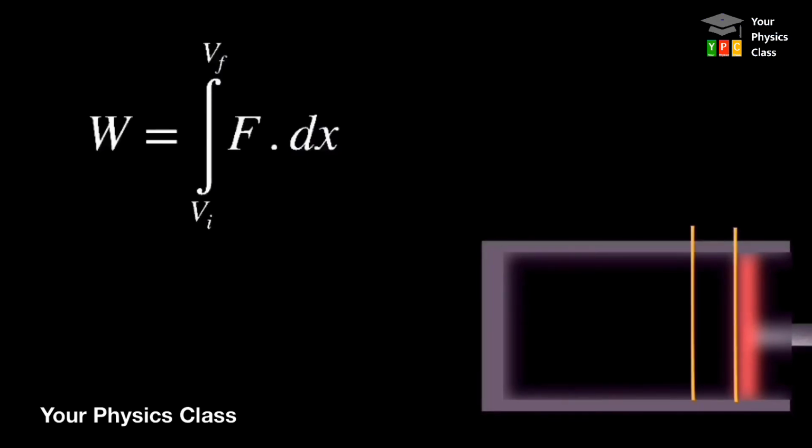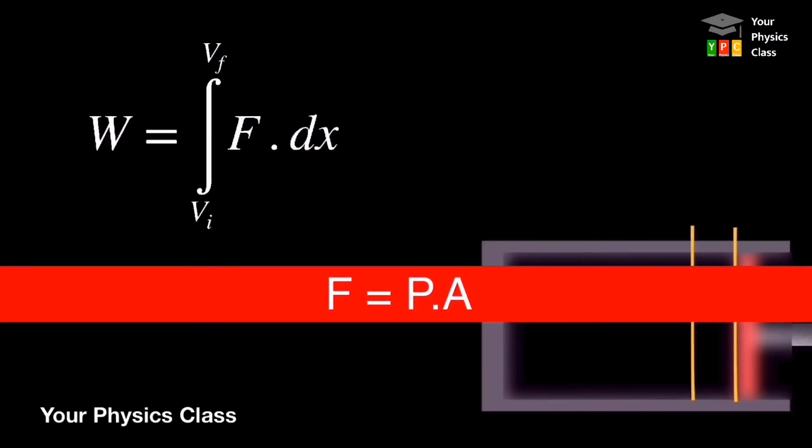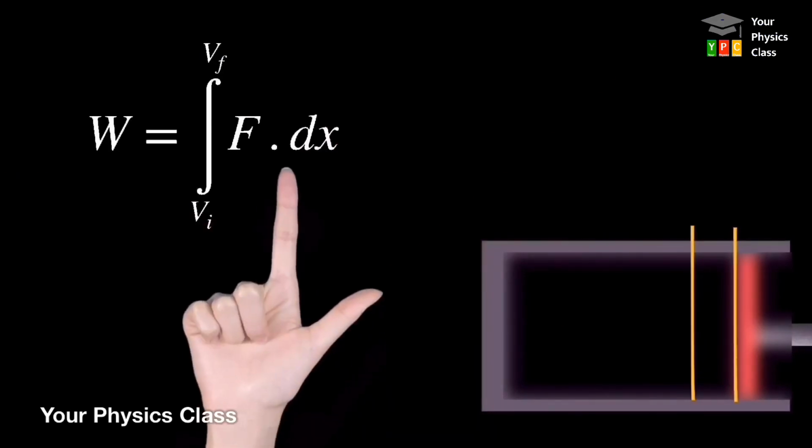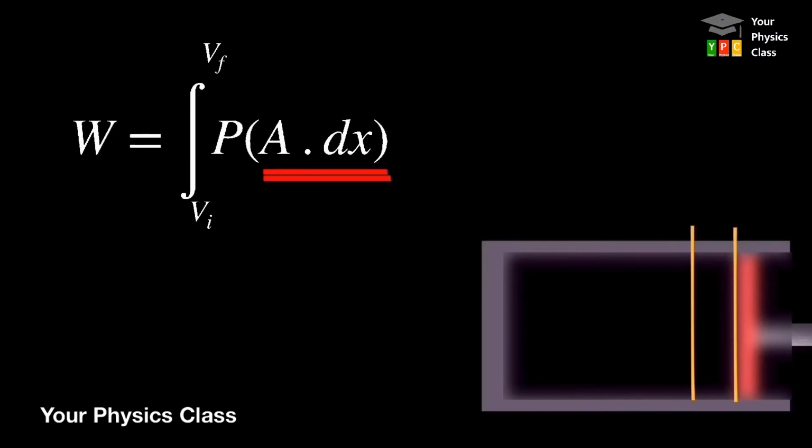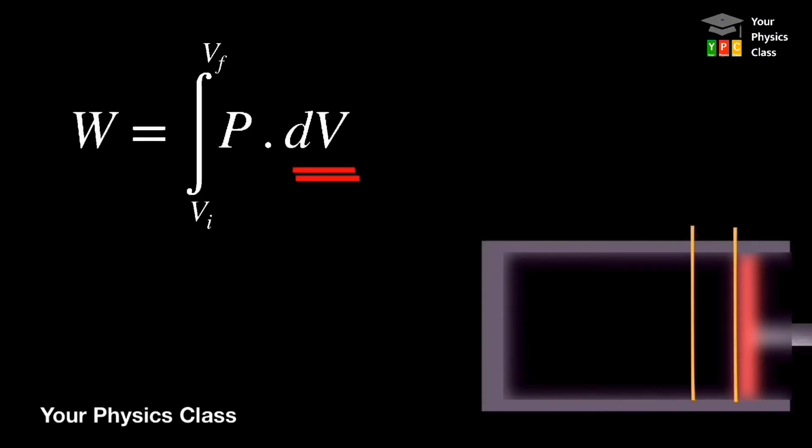Thus, work done by expansion of gas on the piston is W equals the integration between the limits Vi to Vf of F dx. As force equals pressure times the cross-sectional area of the piston, the above equation becomes P times A dx, as A times dx is nothing but the change in volume of the gas, that is dV.